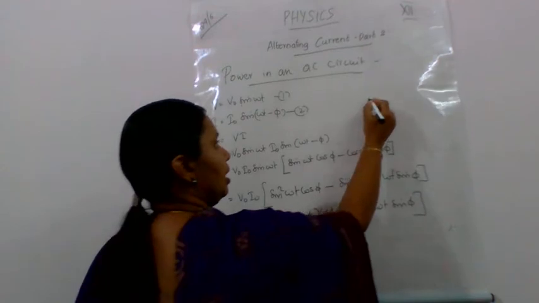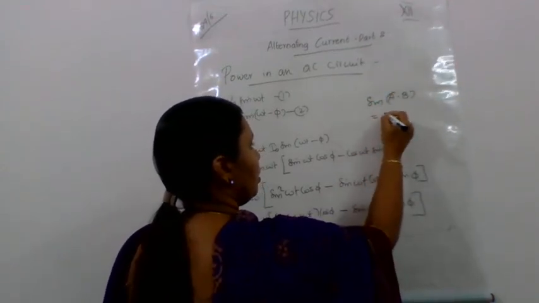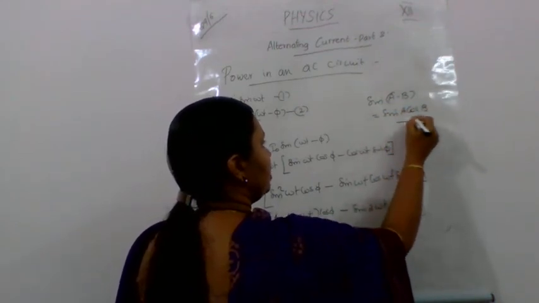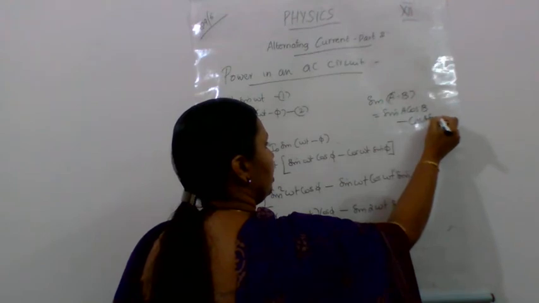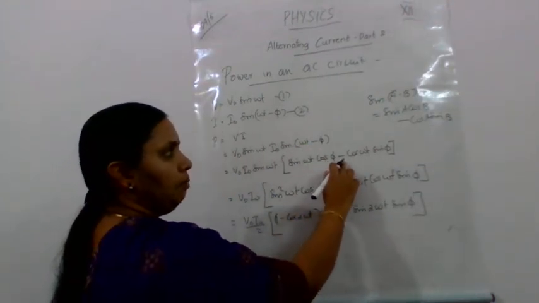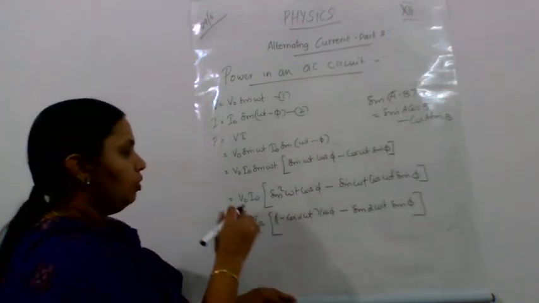Sin(A minus B) is equal to sin A cos B minus cos A sin B. So sin omega t cos phi minus cos omega t sin phi.